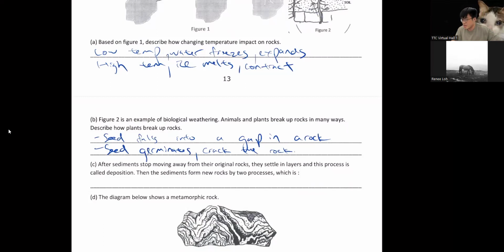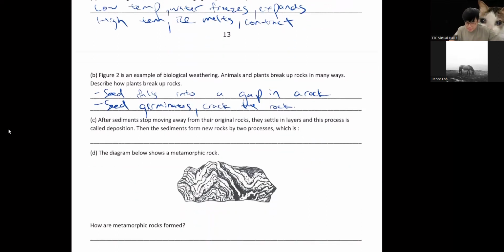Of course, this is very slow. Very rare this will happen, but it does happen.